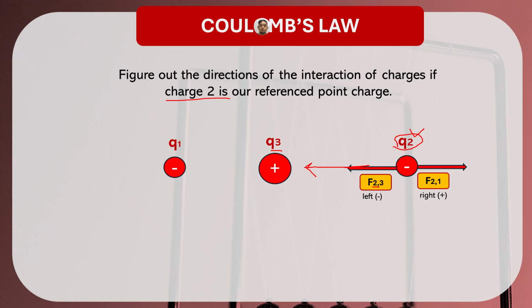So the direction is going to the left, or a negative sign. Now, what about force on 2 due to charge 1? Charge 2 will feel the force of repulsion because they have the same charges. In this case, charge 1 will have to push charge 2 away. So that's why we have this direction here, going to the right, or positive. I hope it makes sense.